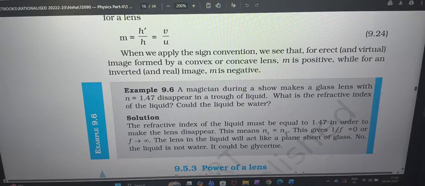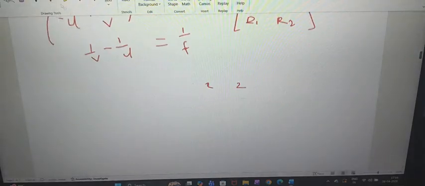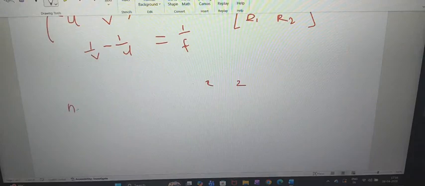So when n21 is greater than 1, we will write it like this. Basically n2 by n1 we are saying. If n21 is greater than 1, the numerator should be greater than the denominator, then only it is possible.